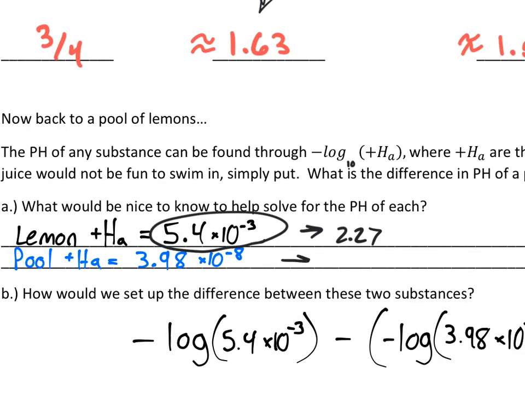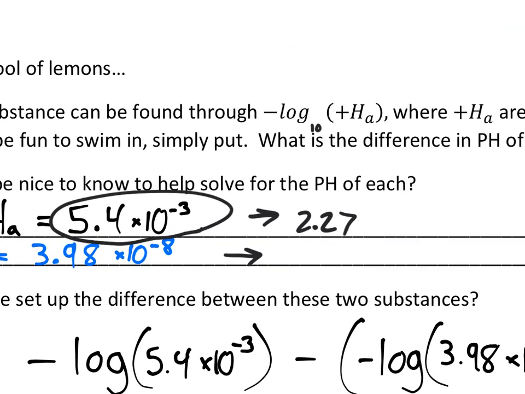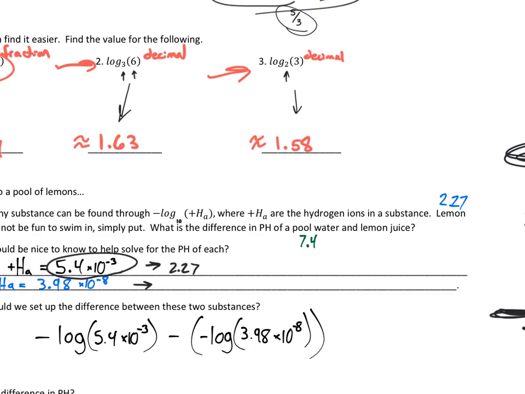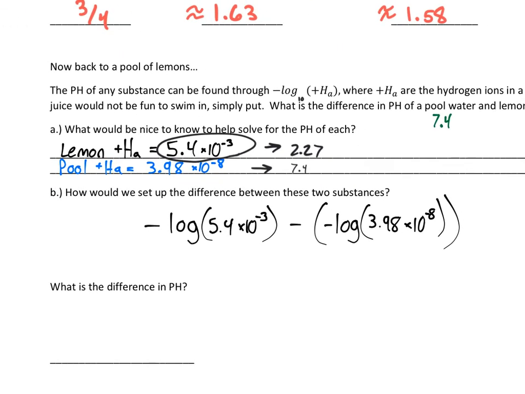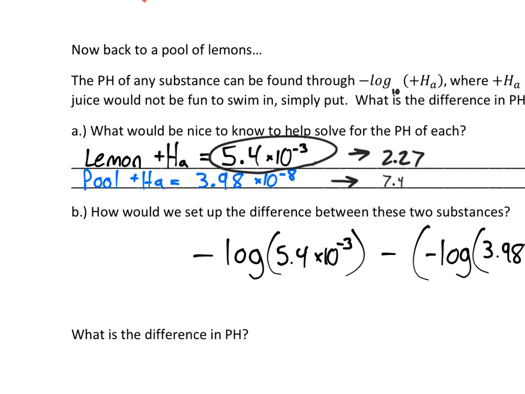And then the pH level of the pool corresponds to the 7.4. Those 2.27 and 7.4 are what you would get when you use the formula. I had to look all this up, but I just wanted to give you an example of pH scales.